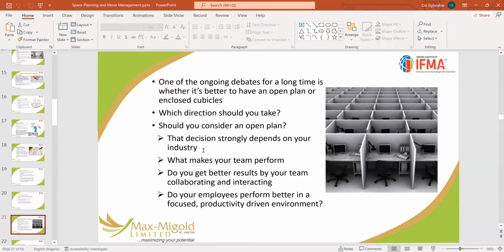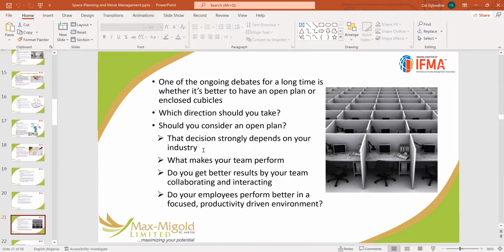Some work environments are toxic. Once you get in there, you are depressed. They probably didn't spend enough money to ensure that when team members are performing, they actually perform well and improve the bottom line of the company.